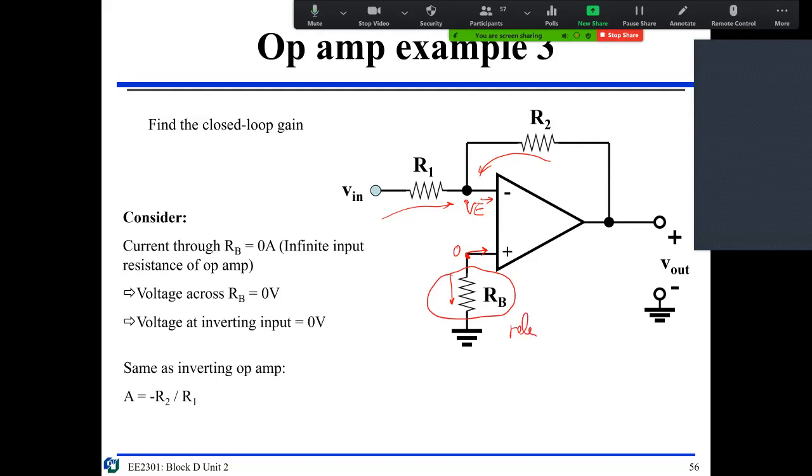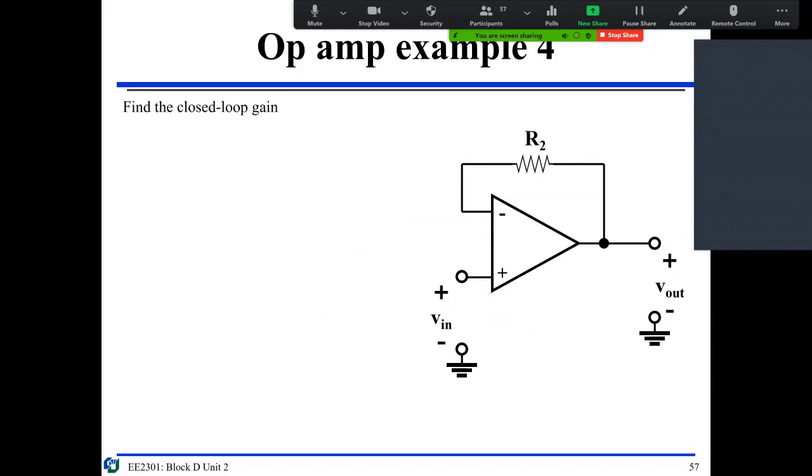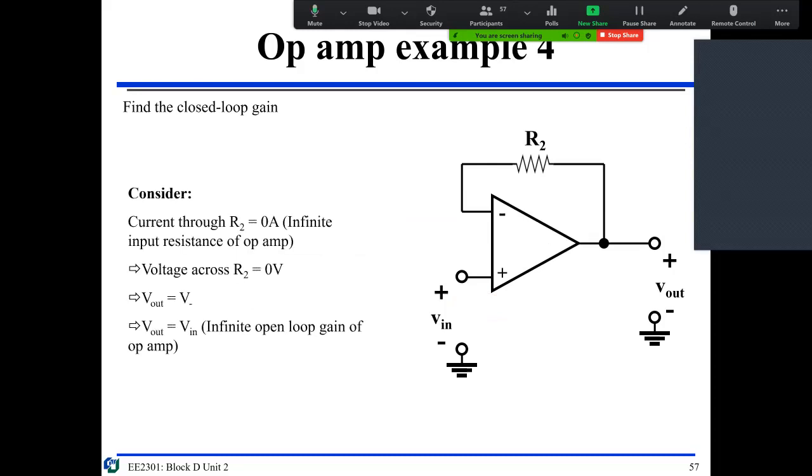However, in non-ideal op-amps, how to choose RB is actually a much deeper question. It's better not to put RB as 0. Okay, so this is the closed loop gain, and so let's check.